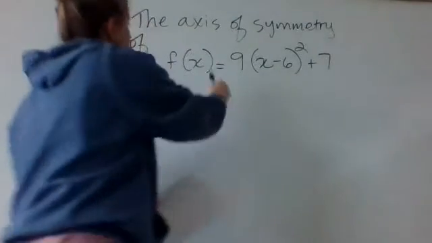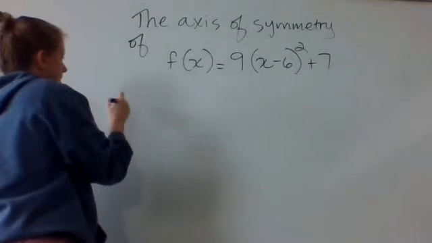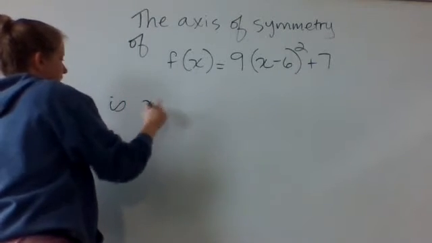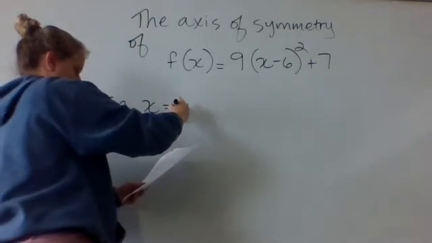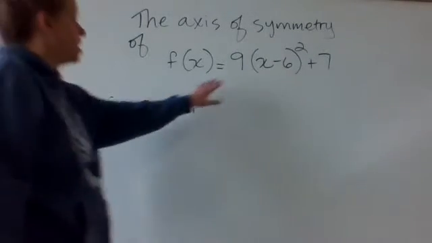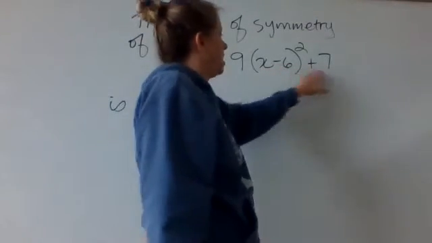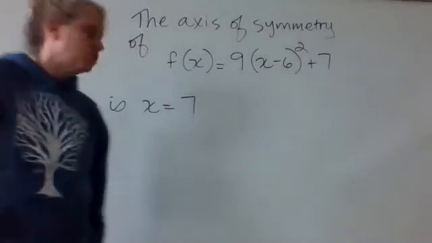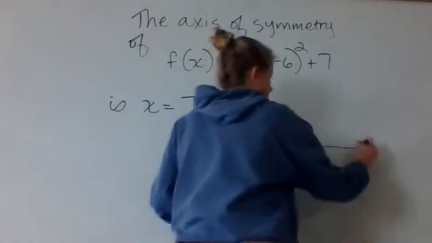It's saying the axis of symmetry of this parabola is x equals 7. So let's think about what these numbers right here are doing to this x squared graph.